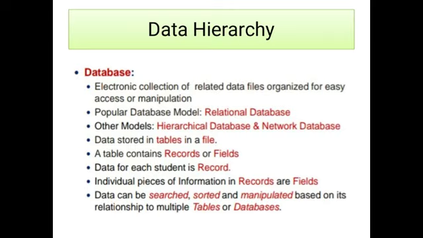An electronic collection of related data files organized for easy access or manipulation is called a database. A popular database model is the relational database. Other models include the hierarchical database and network database.